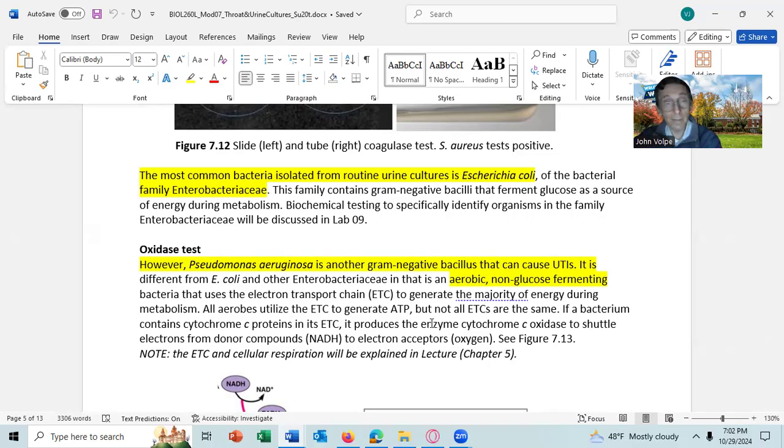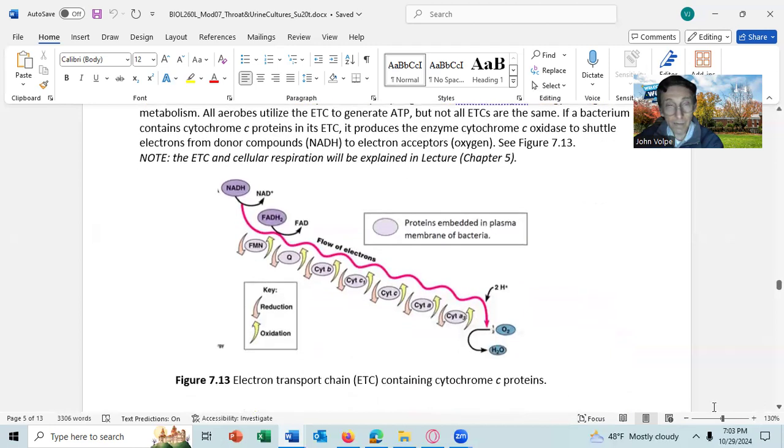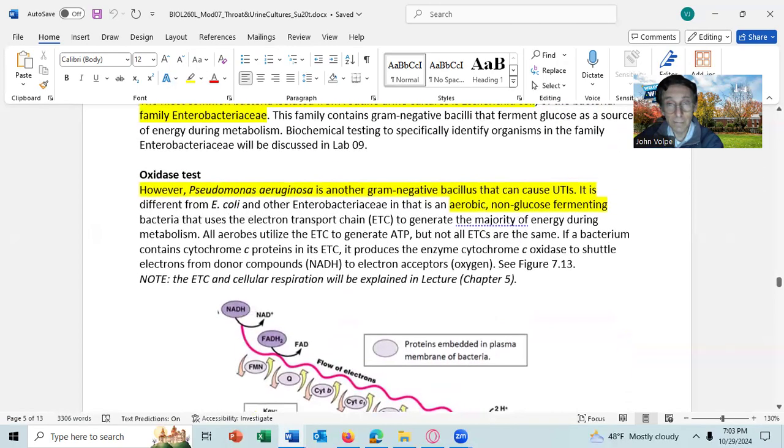However, unlike the family Enterobacteriaceae, the family Pseudomonaceae, all of the members are aerobic and they do not ferment glucose, and they're all oxidase positive. The family Enterobacteriaceae is a family which can all ferment glucose.